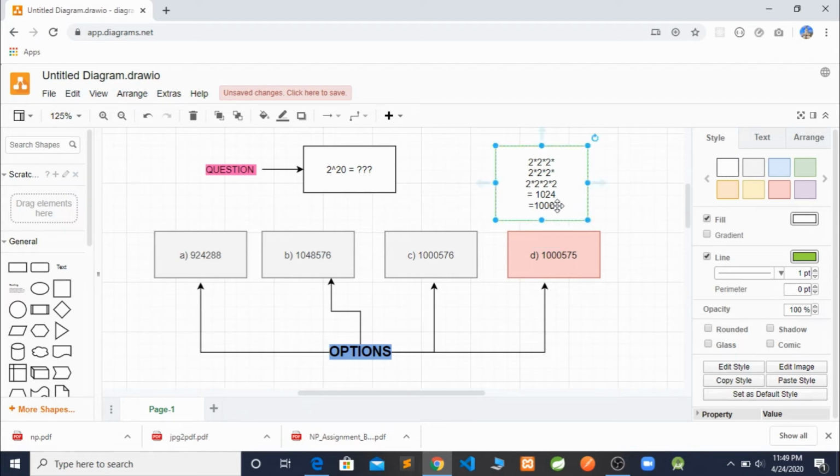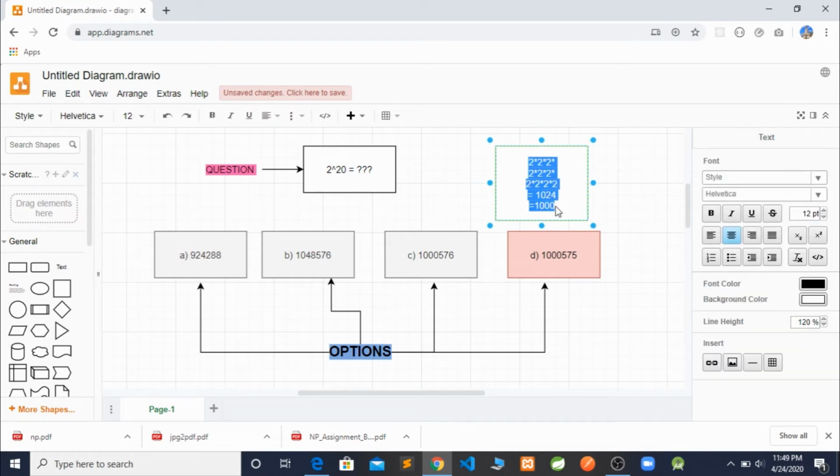Okay, so what we have approximated here is 2 to the power 10. So 2 to the power 10 is approximately a thousand. Why am I doing that?